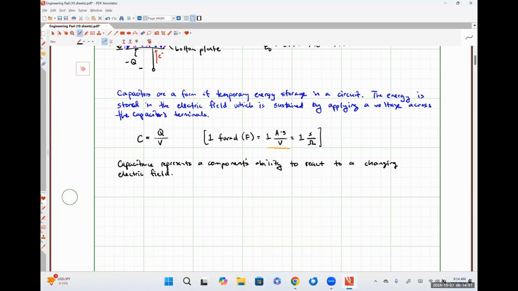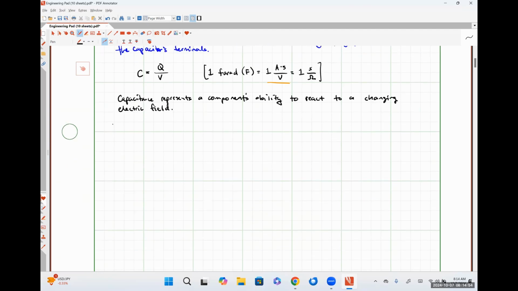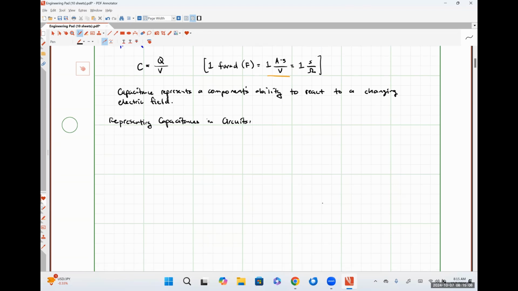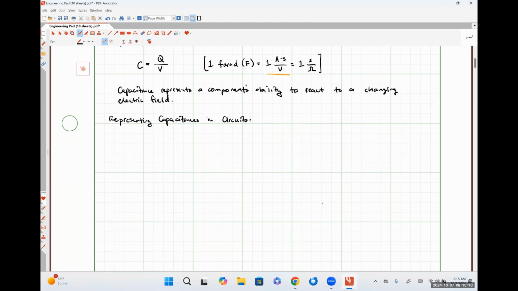Okay. So let's talk about representing capacitances in circuits. So we're actually going to have 2 different schematic symbols, and a lot of people use them interchangeably. But because I am a nitpicky jerk, I do not, okay? Because they actually have very specific meanings.